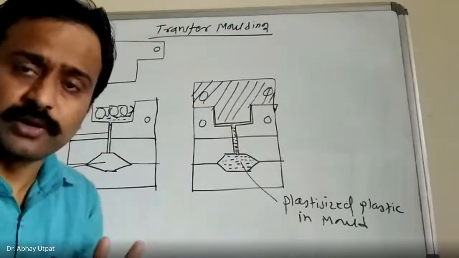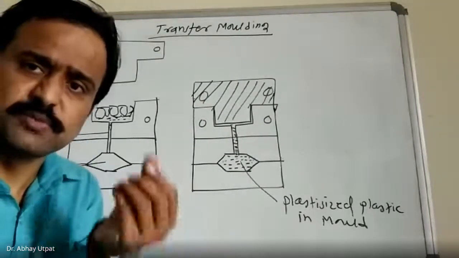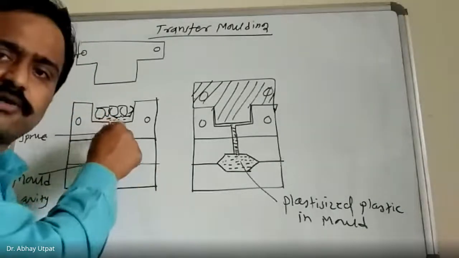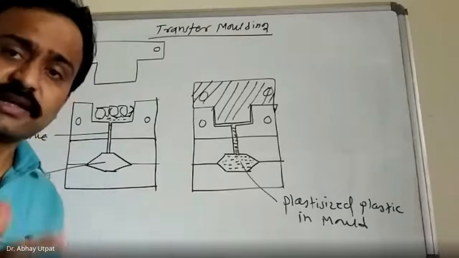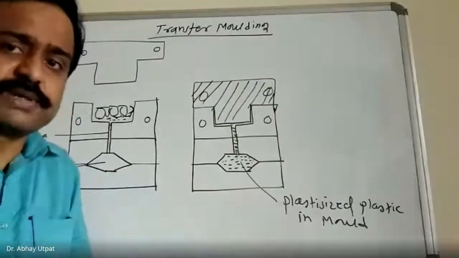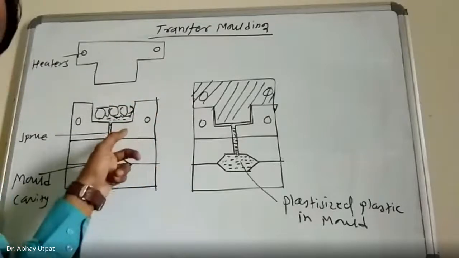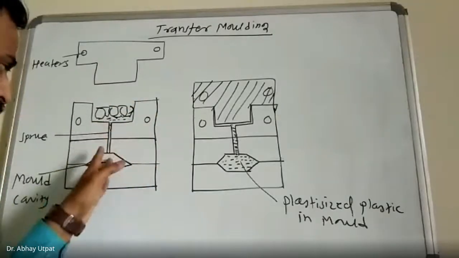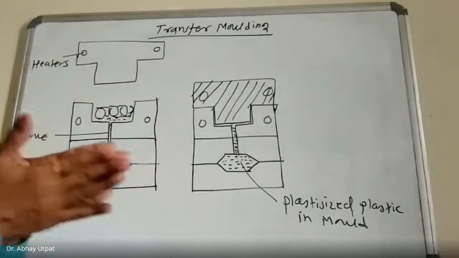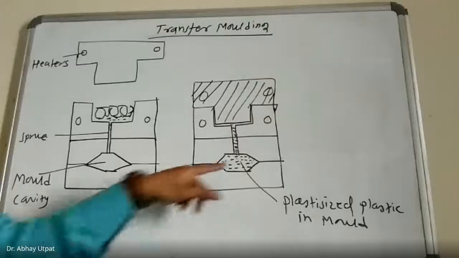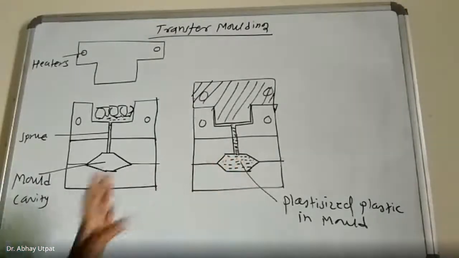Are you getting my point? Plasticized plastic is more viscous. It will not go through this opening very fast, so pressing is required from the upper side. That's why this upper jaw is pressed, and then your material will flow here and is kept for sufficient time in the compressed position so that you get your object after solidification.